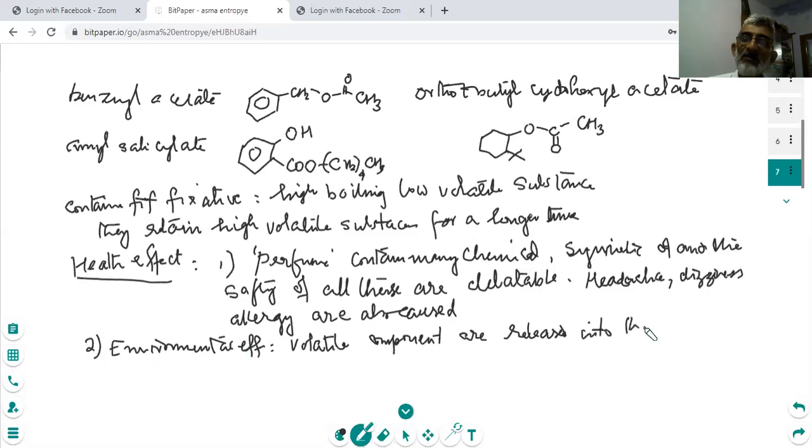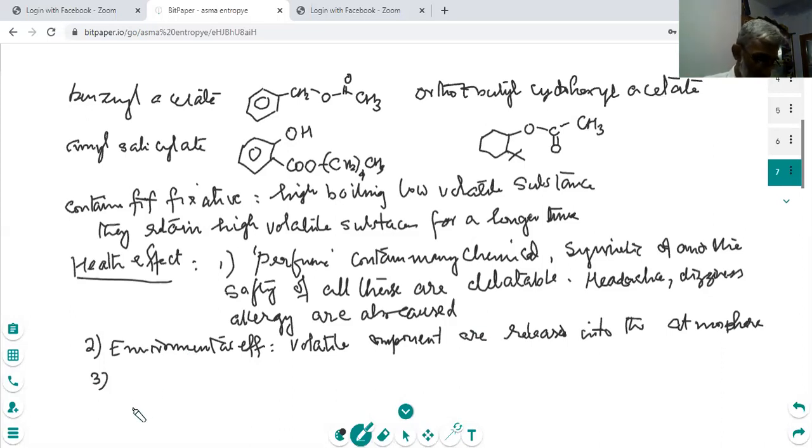So that will definitely cause pollution. Of course, it is released in very small amount. We can argue like that, but everyone is using it. But still, it is going to be given out into the atmosphere, and the magnitude of effect will be quite high. Okay? These compounds may be hazardous even at the ppm level. So that is what we are concerned about.